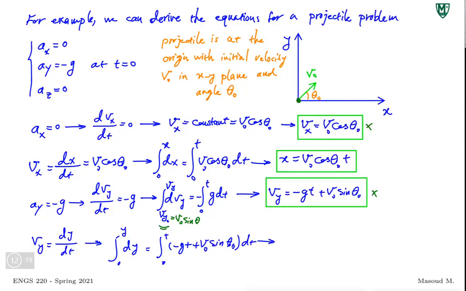You do this math, you will get y is equal to minus 1/2 gt squared plus, let me be a little more general here because we are going to need this.